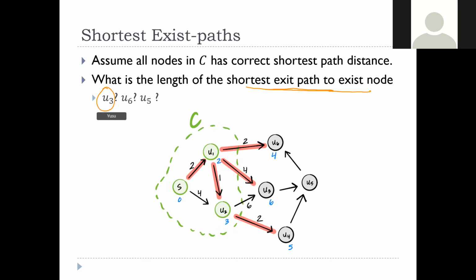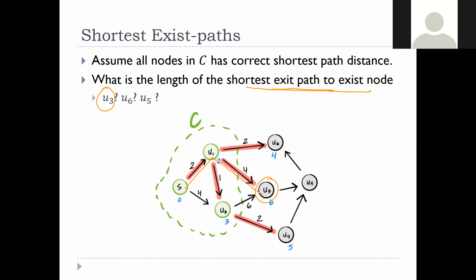In other words, there are multiple exit paths to reach U3 as the first node leaving set C. What is the shortest one? In particular, in this case, I have an exit path, for example, I can go S to U1, U1 to U3, that's one exit path.